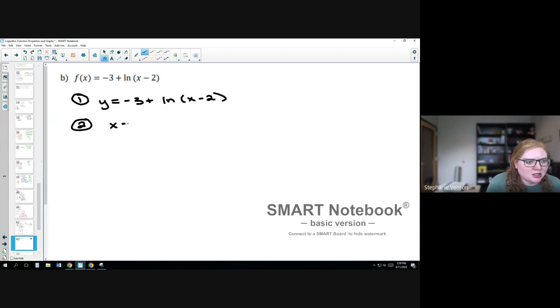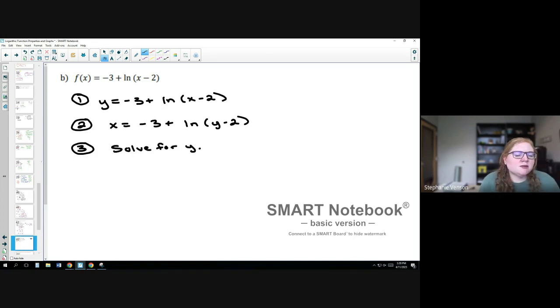Okay, x equals -3 plus the natural log of y minus 2. Step 3, solve for y. You see, it doesn't matter what type of function they give you, you always find the inverse the same way. Write it with a y, switch x and y, solve for y. Always the same 3 steps.